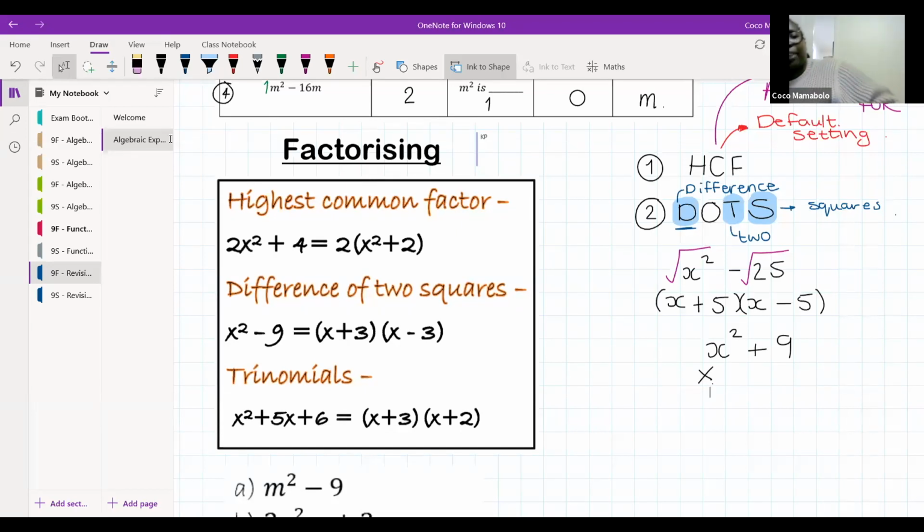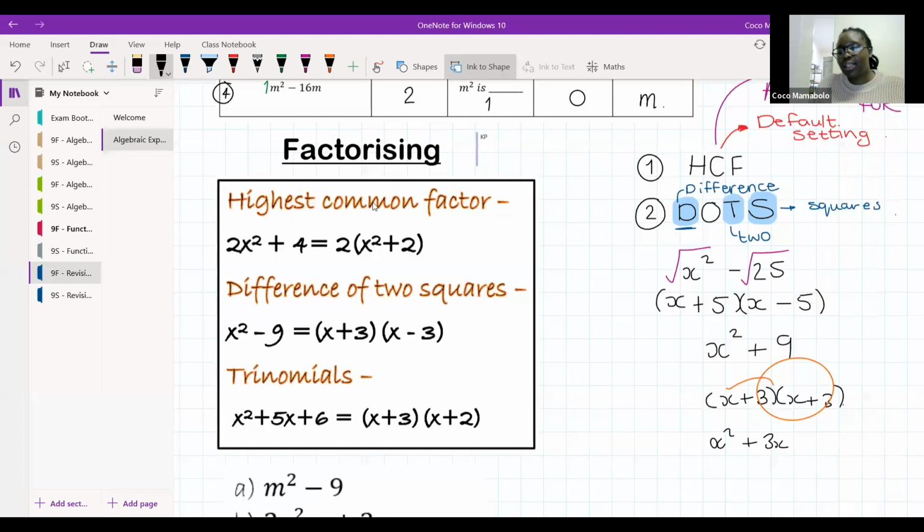I'm going to explain for all of you who are saying, ma'am, x plus 3 and x plus 3. Let me show you what happens if I write x plus 3 and x plus 3 and I FOIL. First, outer, inner, last: x squared plus 3x plus 3x plus 9. That's x squared plus 6x plus 9.